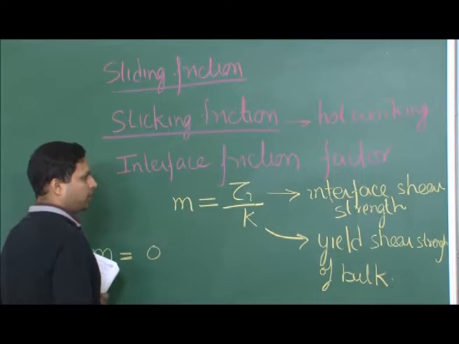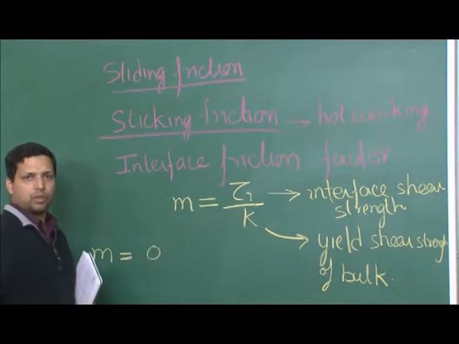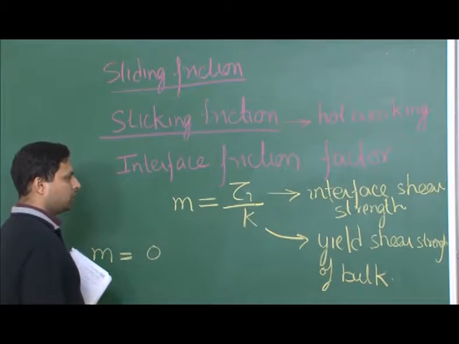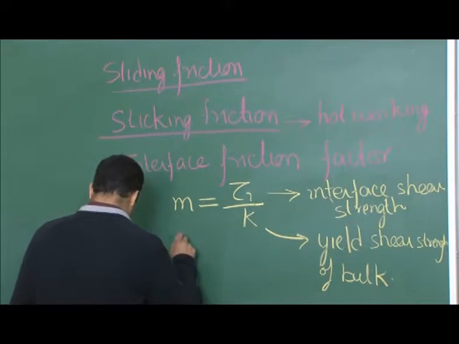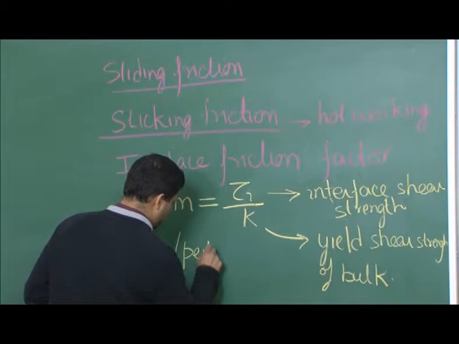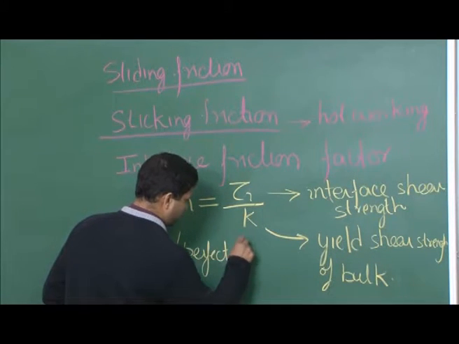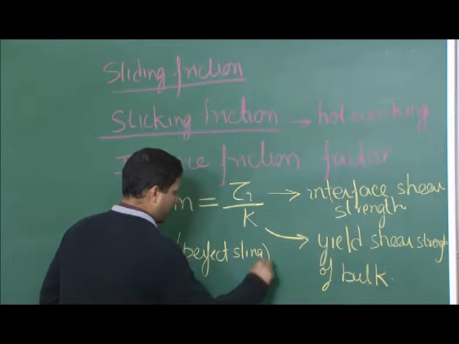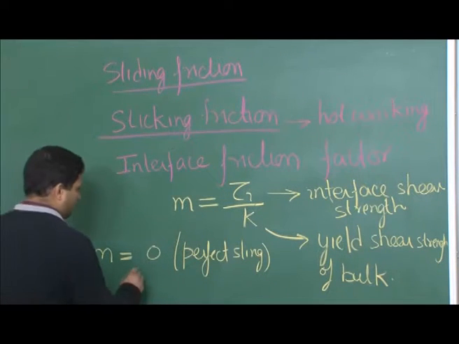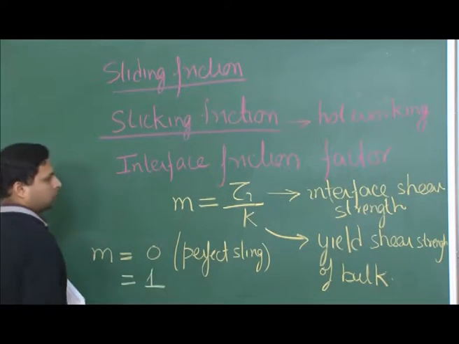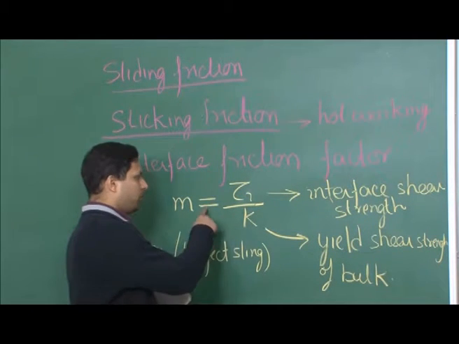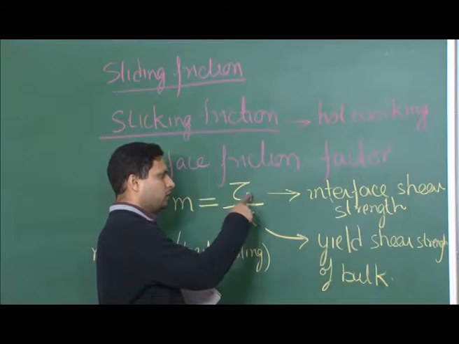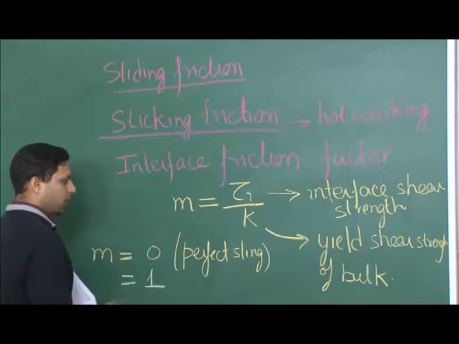0. When it is 0, it means tau I, there is no shear stress, or there is negligible shear strength of the interface, which is fully sliding, perfect sliding condition. When m is equal to 1, it means tau I by k is equal to 1, it means tau I is equal to k.